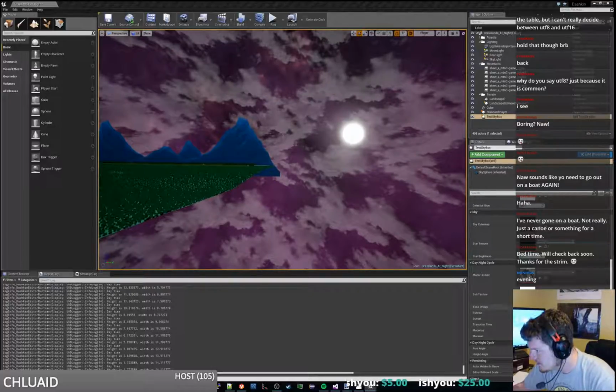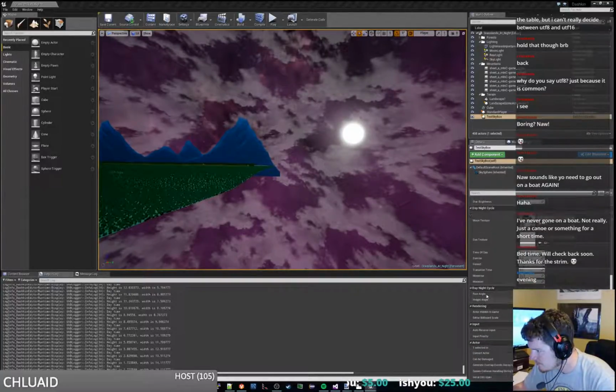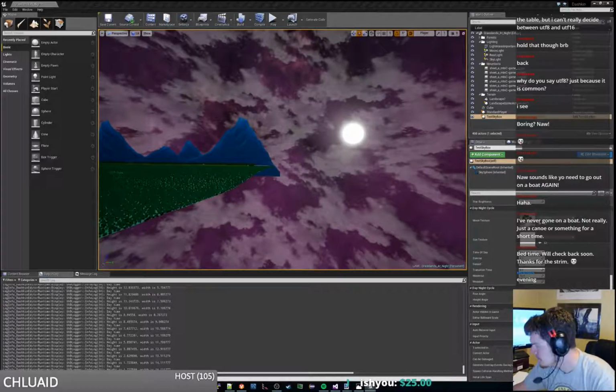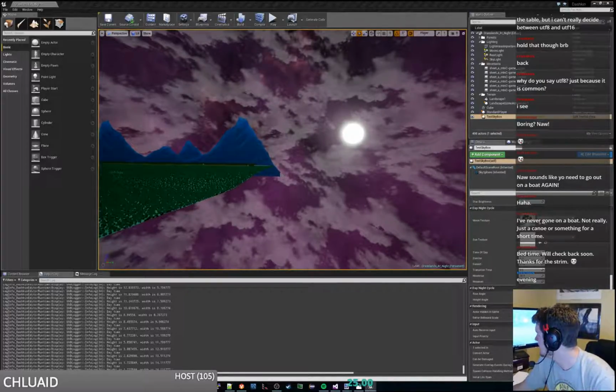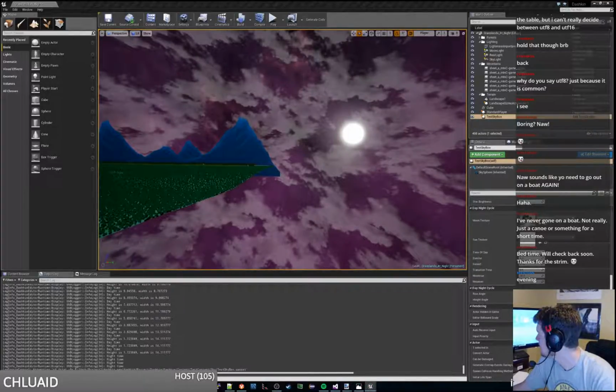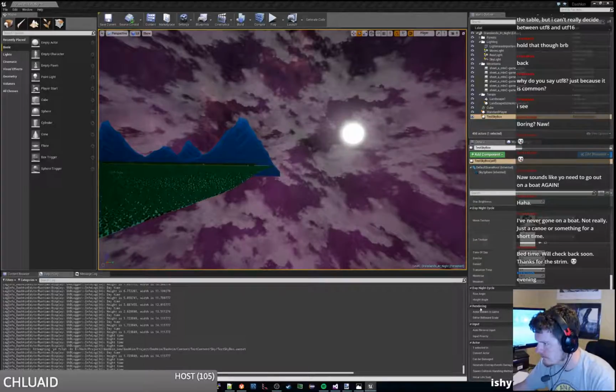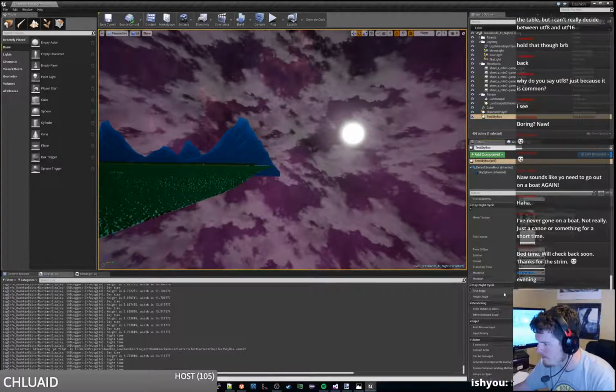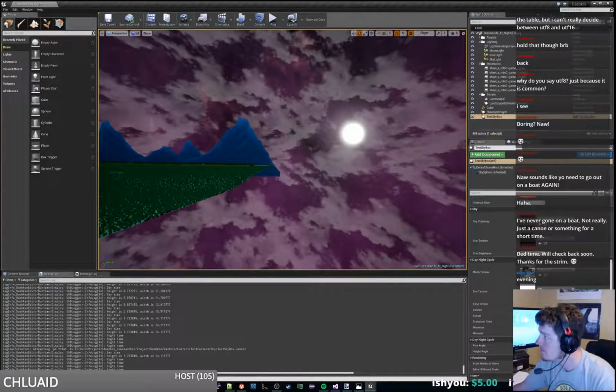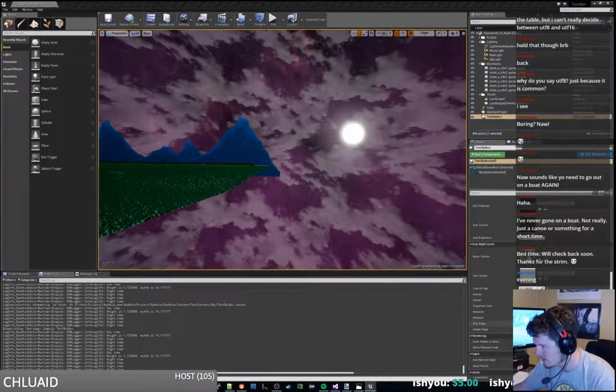That is weird that they have different categories even though they're under the same category in the editor. Alright, there we go. So the rise angle and the height angle.